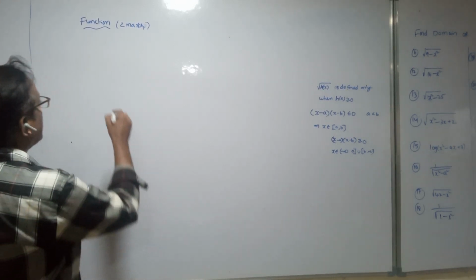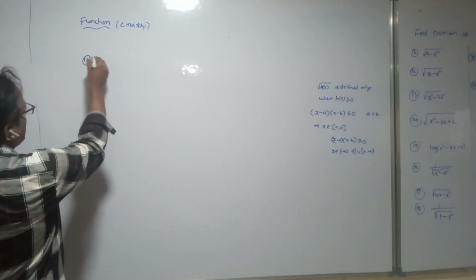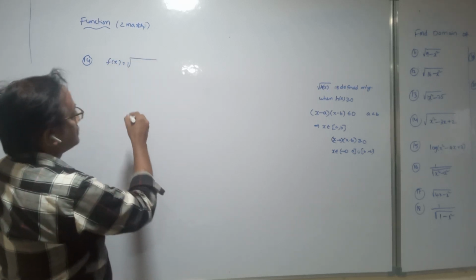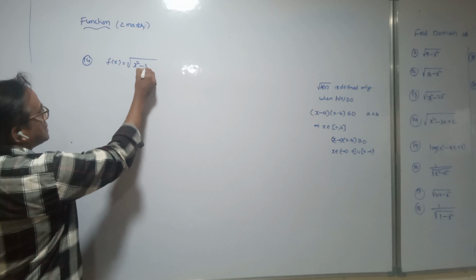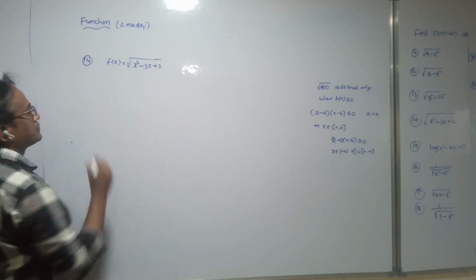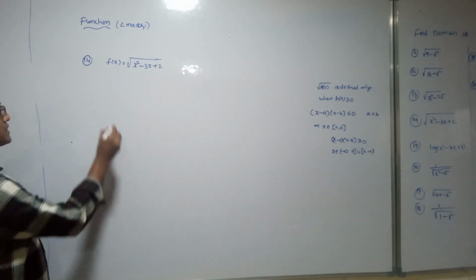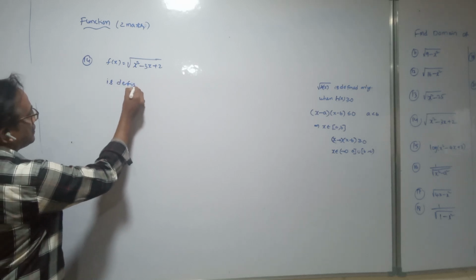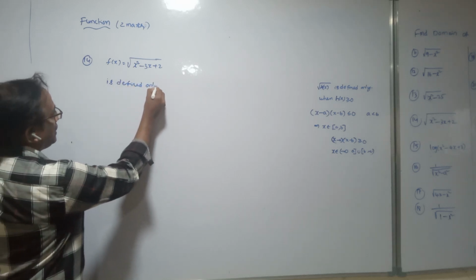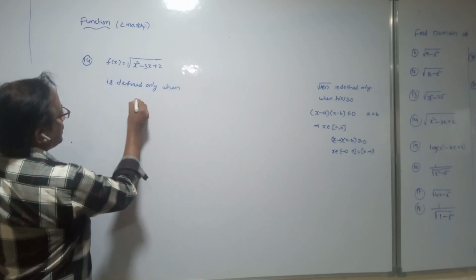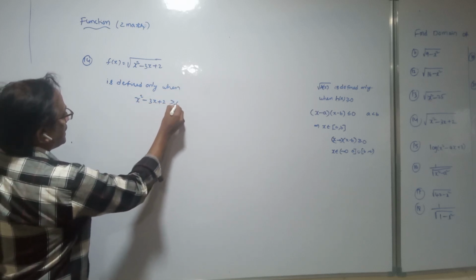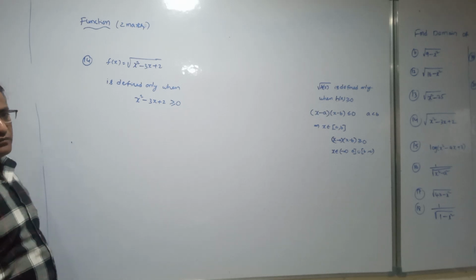Next, 14. Domain of f of x is equal to square root of x square minus 3x plus 2. Here also the function is defined only when x square minus 3x plus 2 is greater than or equal to 0.